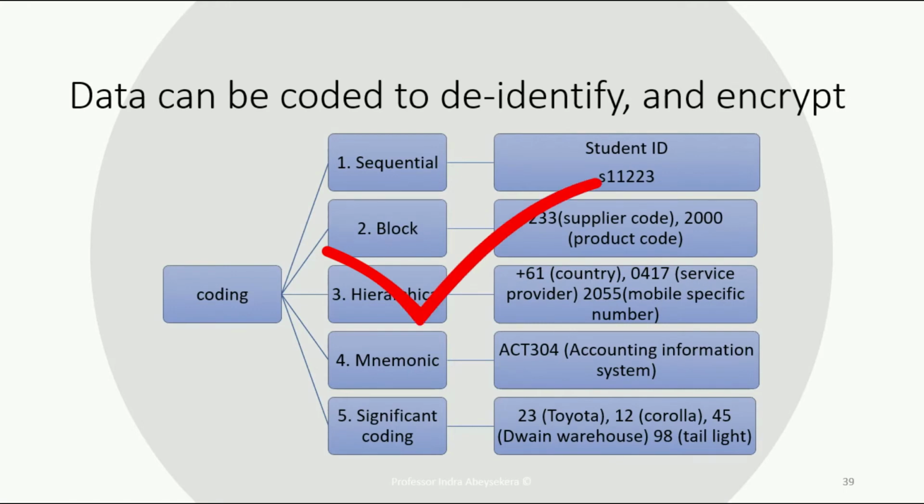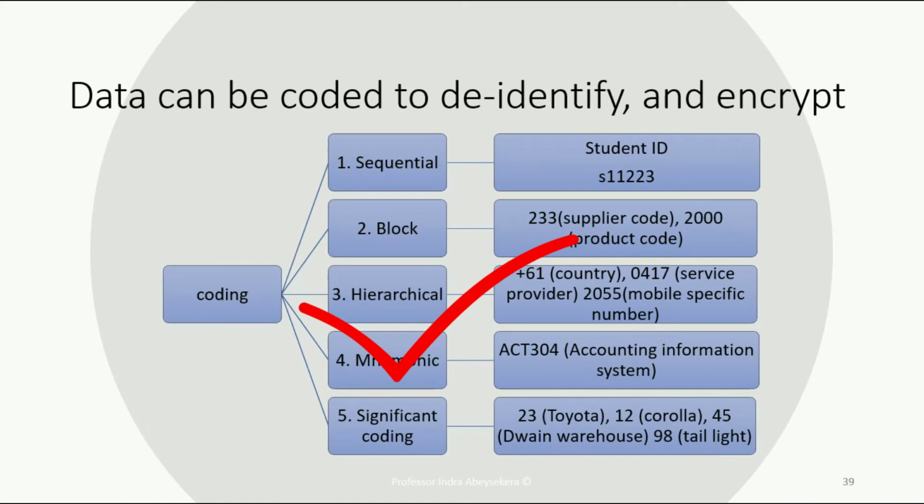A good example is phone numbers, starting with the country and service provider and then the mobile number specific to the number. Mnemonics: it could have a name, such as the course unit name accounting information systems, but the mnemonic is SAT 506 or 304 and so forth.